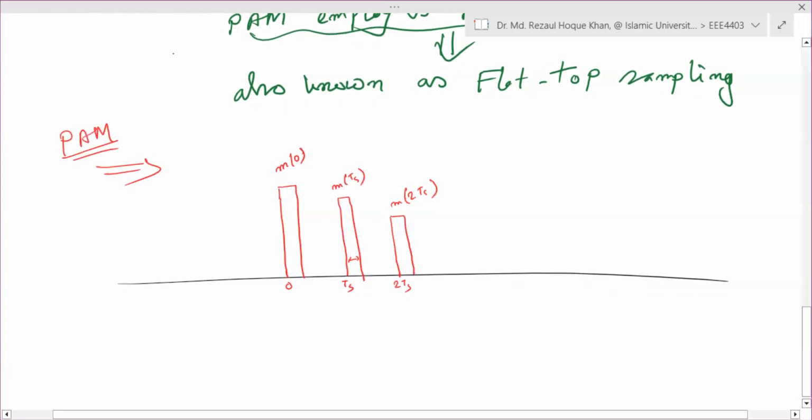This is actually the representation of our PAM. So this is a train of pulses.